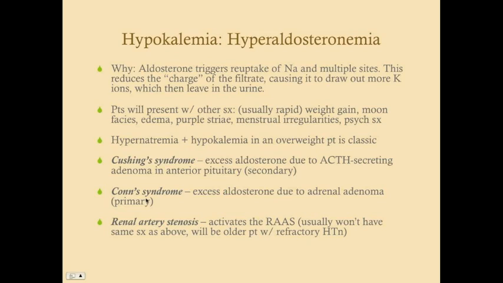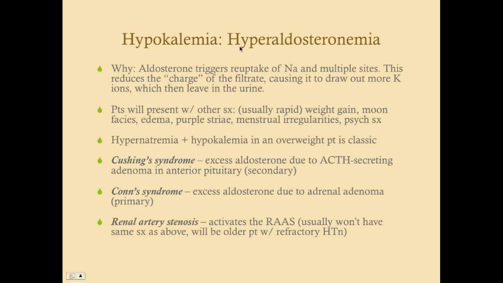Patients with renal artery stenosis are going to be your diabetics, patients with high cholesterol, patients with a history of myocardial infarction or stroke or TIA, and that's how you can distinguish the two. But what they have in common is that all three of these do have a high aldosterone state.